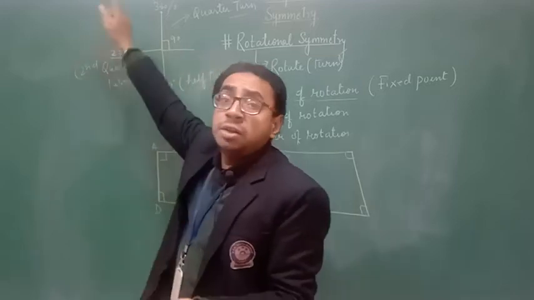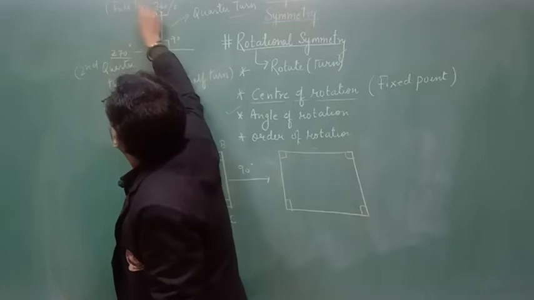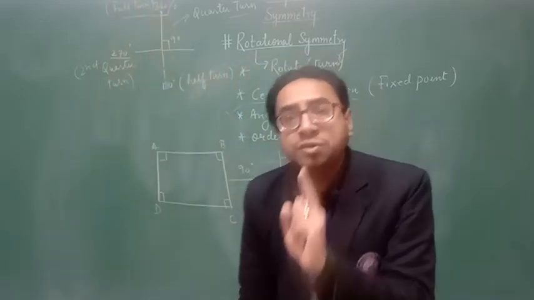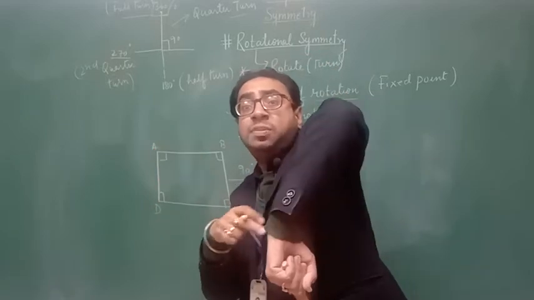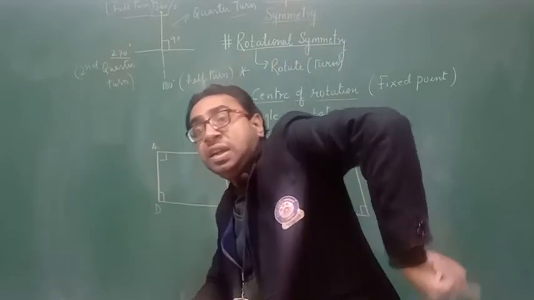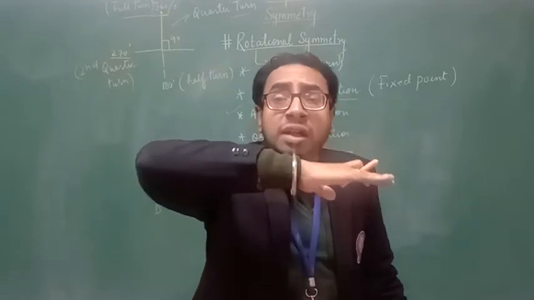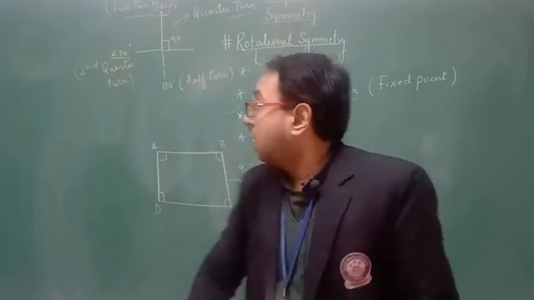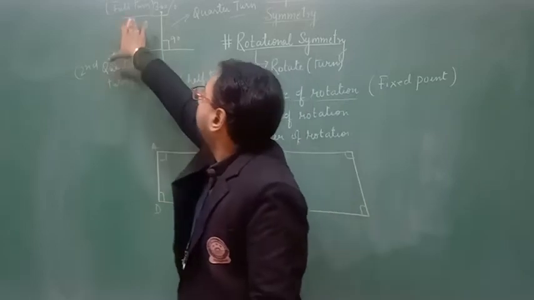And reaching back to 360 means full turn. The object returns to its original position. Again, 0 is the original position, 90 quarter, 180 half turn, 270 second quarter, and 360 the original position. Are we clear? Quarter, half turn, second quarter turn, full turn.